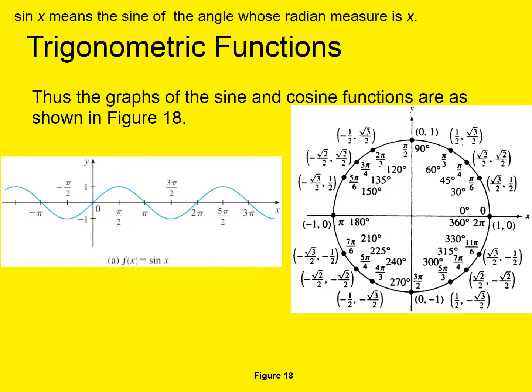Why are these outputs, these y values on this wavy graph, the outputs when the inputs are radian measures of x values such as pi over 4, and the output is this y value here, whatever it is, something a little bit less than 1. We're going to see that it's exactly square root of 2 over 2. But why is that?